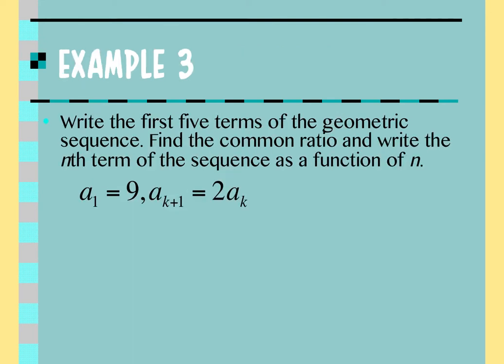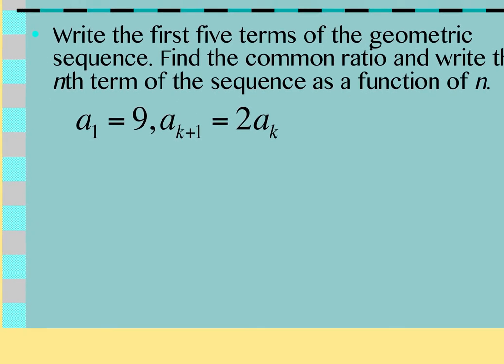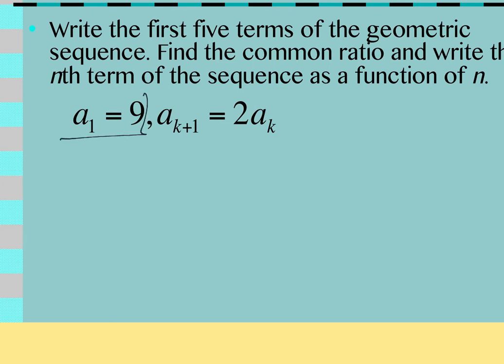So this says, write the first 5 terms of the geometric sequence, find the common ratio, and write the nth term of a sequence as a function of n. So this is recursive, right? And it's also geometric, it's telling you that. So I'm going to take the first term, which is 9, and then I go to the second one. A2 would be 2 times the one that comes before it, which is 9, and that's 18.